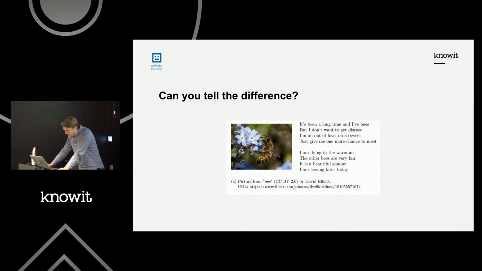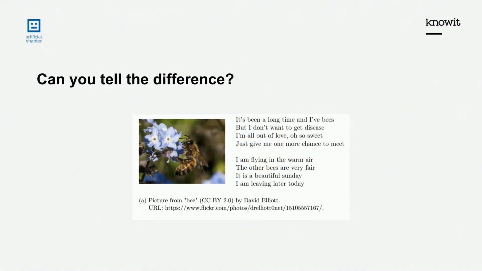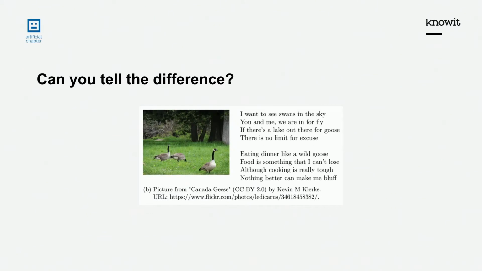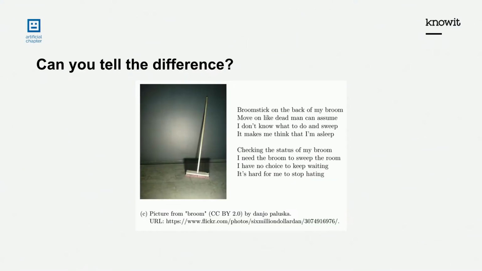It's been a long time and I've bees, but I don't know what to get disease. I'm all out of love, oh so sweet. Just give me one more chance to meet. I'm flying in the warm air. The other bees are very fair. It is a beautiful Sunday. I'm leaving later today. I want to see swans in the sky. You and me, we're in for fly. If there's a lake out there for goose, there's no limit for excuse. Eating dinner like a wild goose. Food is something that I can't lose. Although cooking is really tough, nothing better can make me bluff.